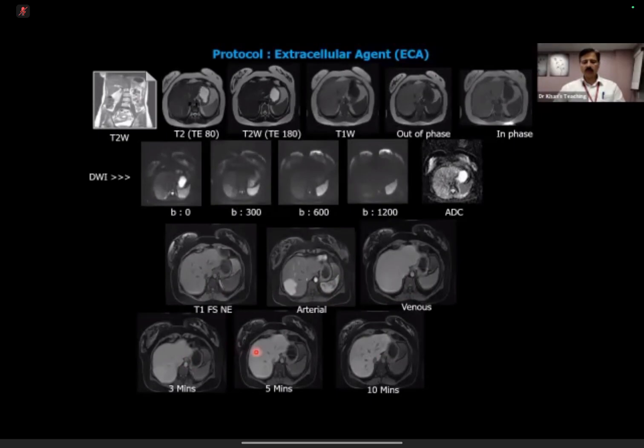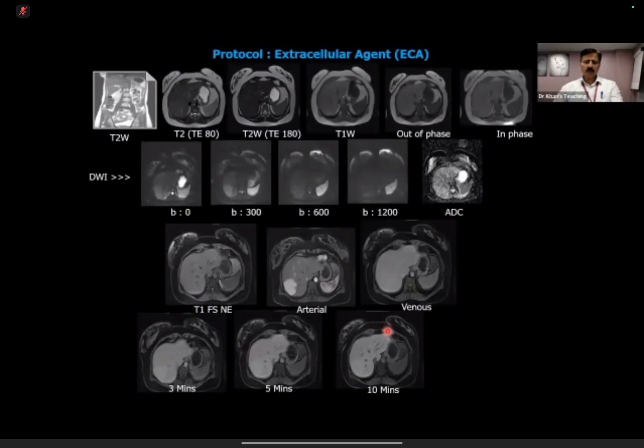So this is all equilibrium. And because we are using MR, we have the luxury to do this. All of it depends on how expert your radiographers are. It takes us about 35 to 40 minutes to finish this. But initially when you start, they might take more time for that.